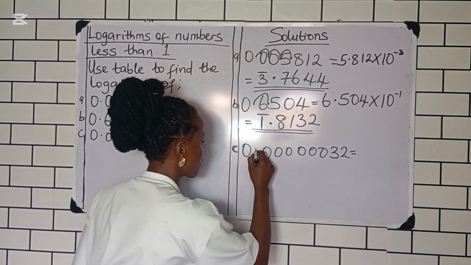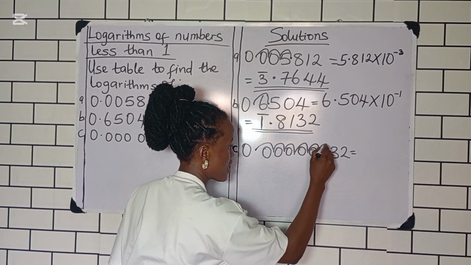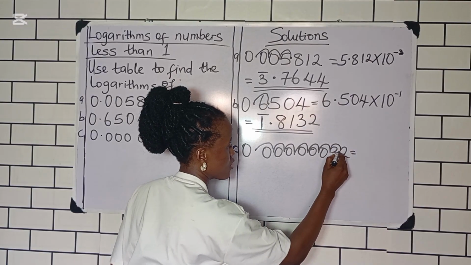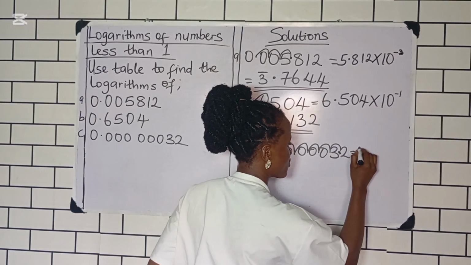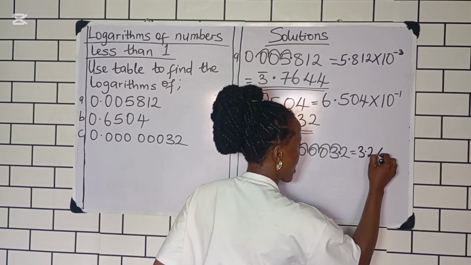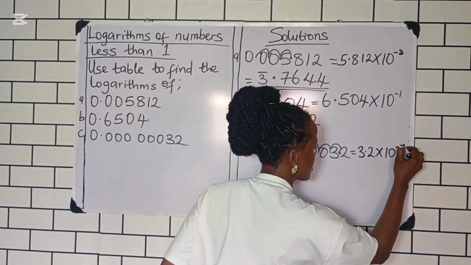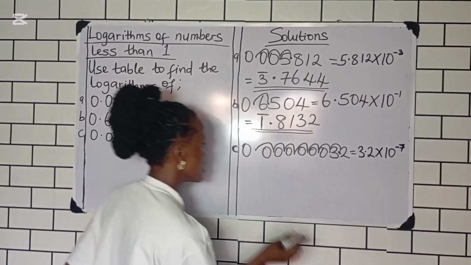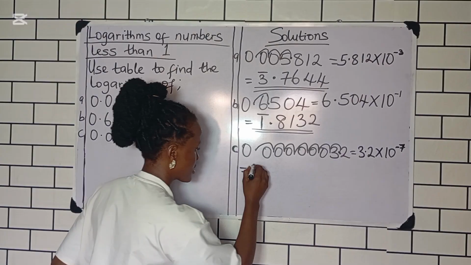Now we count 1, 2, 3, 4, 5, 6, 7. Then we place our decimal point here. Writing this in standard form, you're going to have 3.2 times 10 raised to power minus 8. And this power here is our characteristic part.